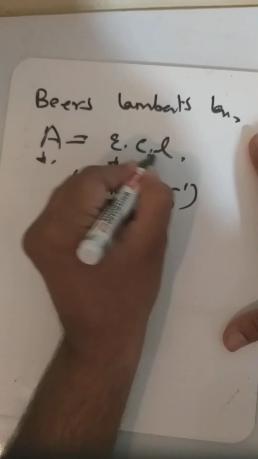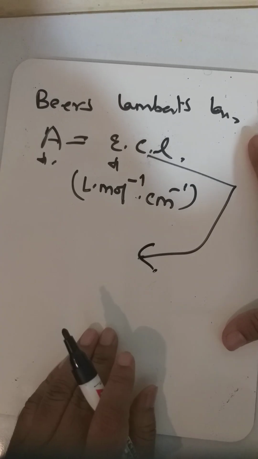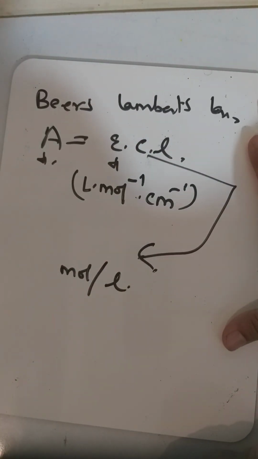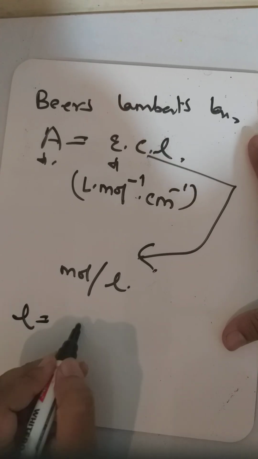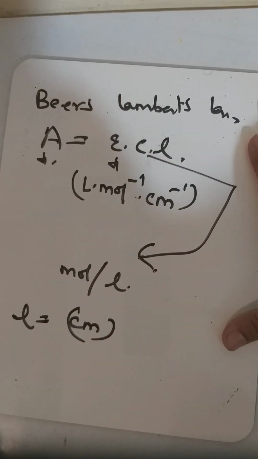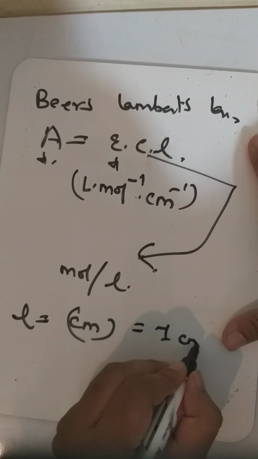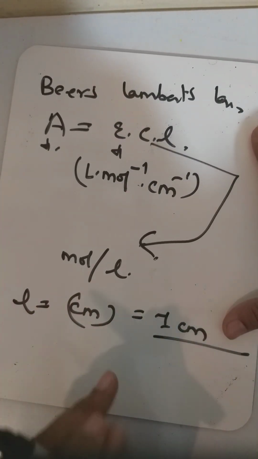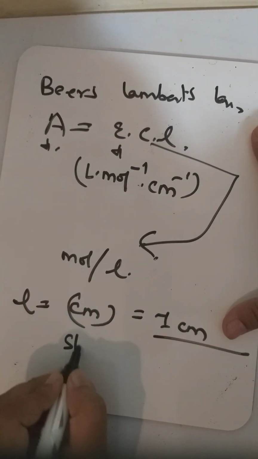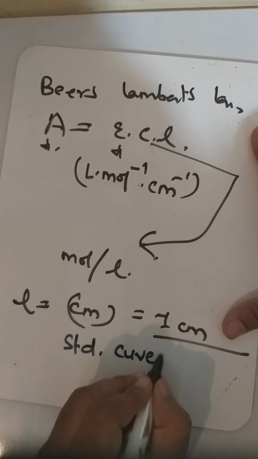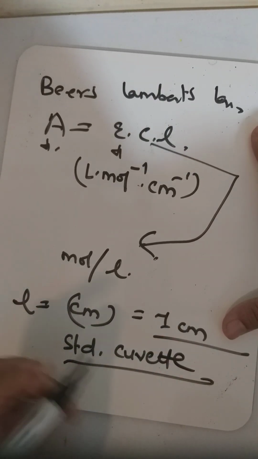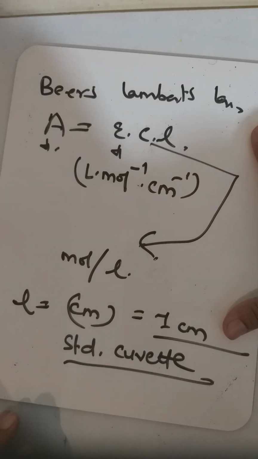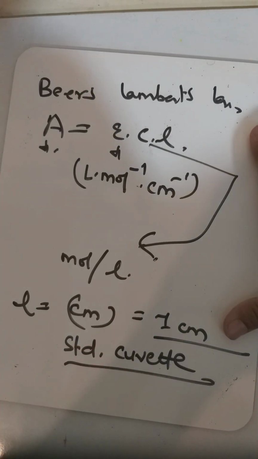Now the concentration is in moles per liter, and L, the path length, is in centimeters. Usually it is 1 centimeter for standard cuvettes. Why is it called 1 centimeter? Because 1 centimeter is mentioned for standard cuvettes. Now keep in mind, these cuvettes are made up of quartz crystal, which has to be kept in the UV visible spectrophotometer.